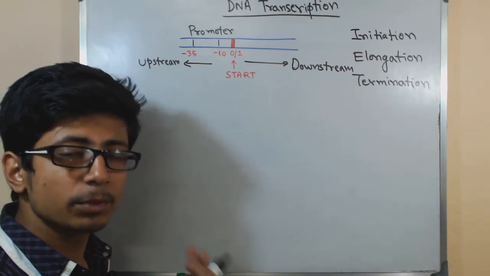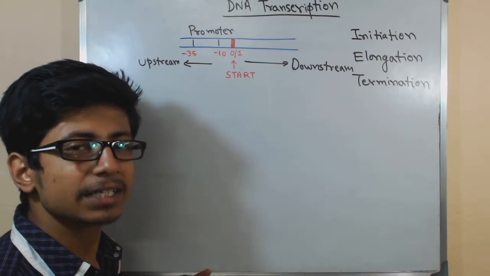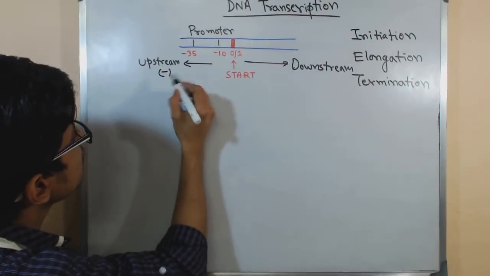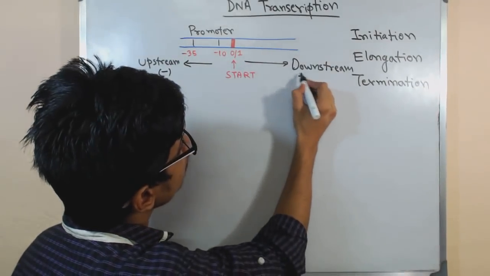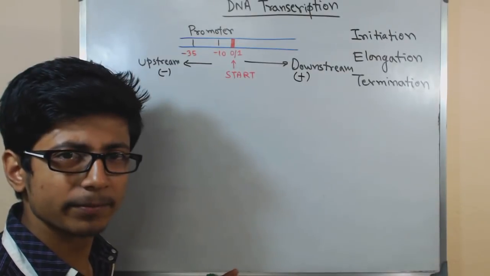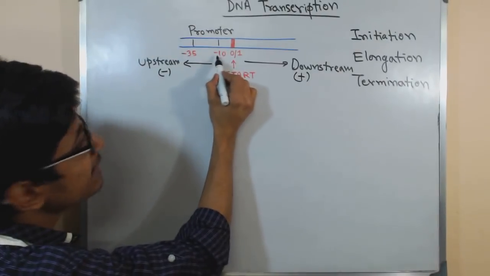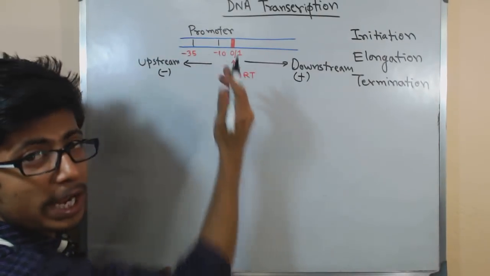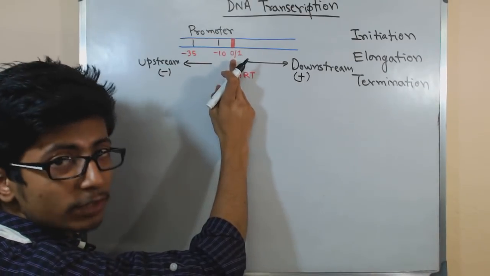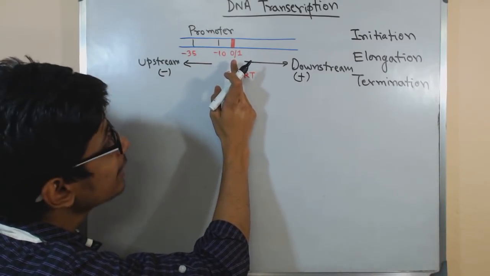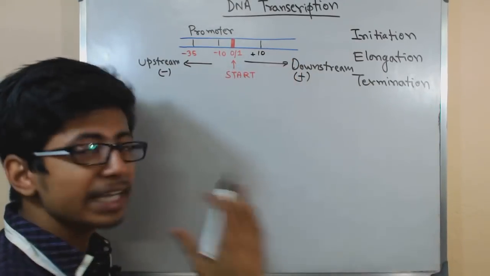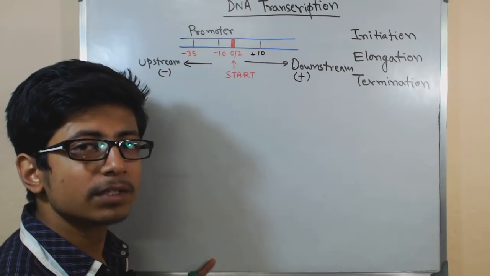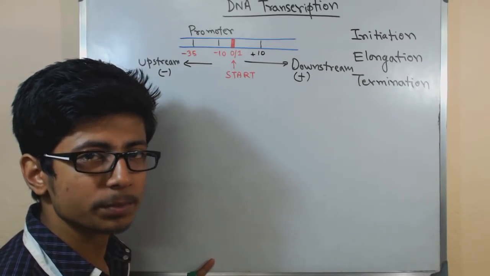Now the upstream nucleotide positions are written with a minus prefix. In downstream they are written with a plus, or simply nothing is written, right? So -10 means 10 nucleotides upstream of the start site of the transcription. Similarly, if I say 10 here or +10 here, that means 10 nucleotides downstream of the start or initiation site of the transcription.